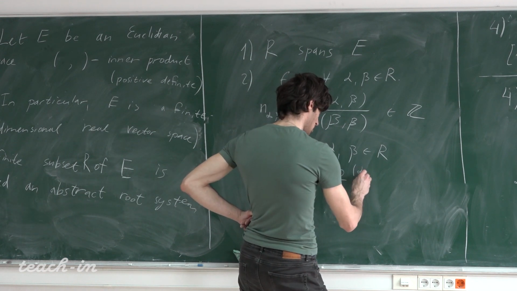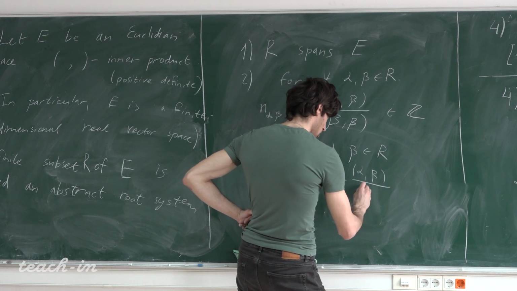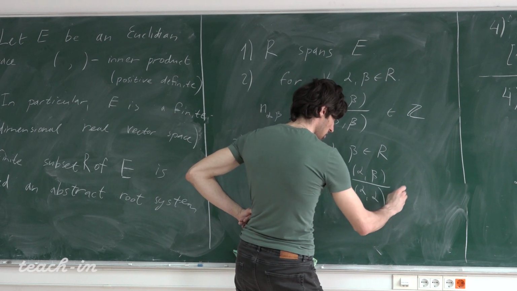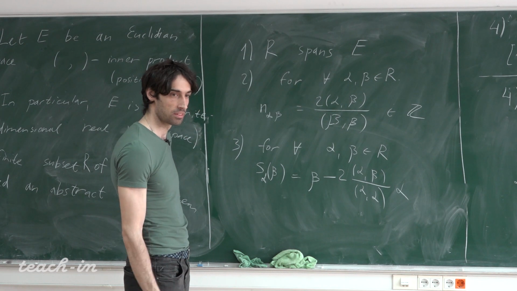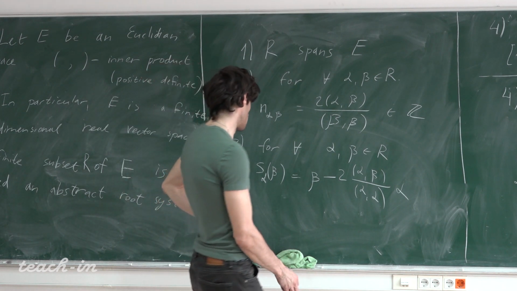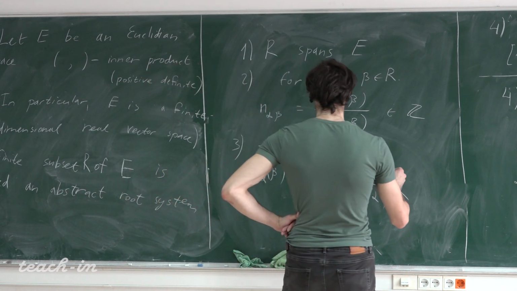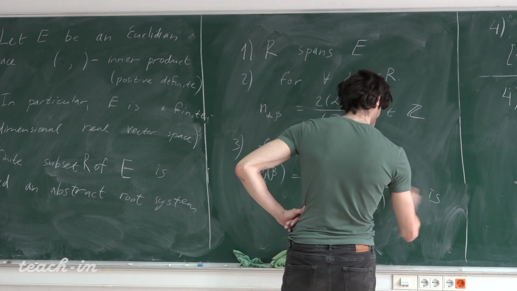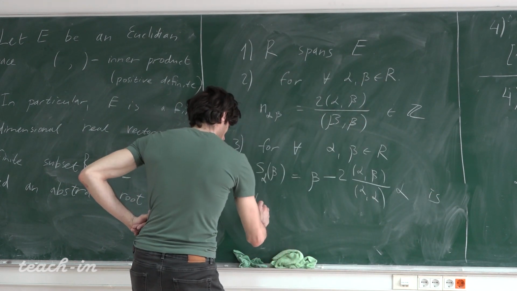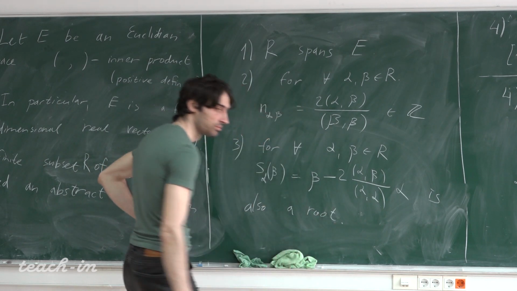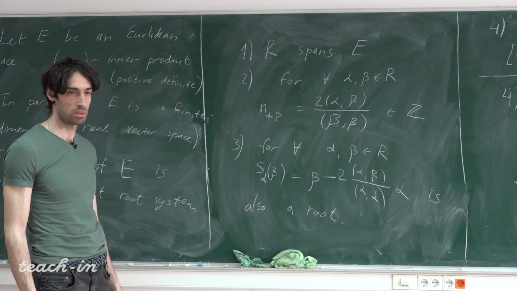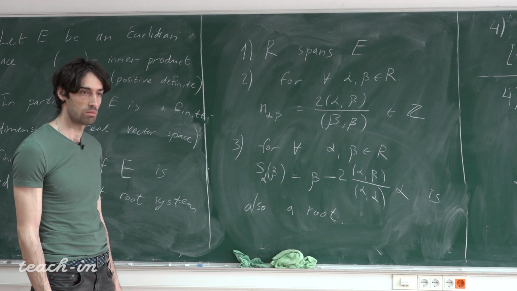So beta minus 2 alpha beta over alpha alpha, times alpha. So if this, so for any, this is also a root. So if these three things happen, then R is called a root system.